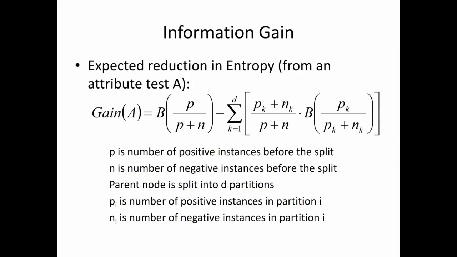And information gain is the expected reduction in entropy from using an attribute to split the examples. Again, the equation may look a bit daunting, but the intuition is pretty simple. So this is just the entropy before the split. And this is the weighted entropies after the split.